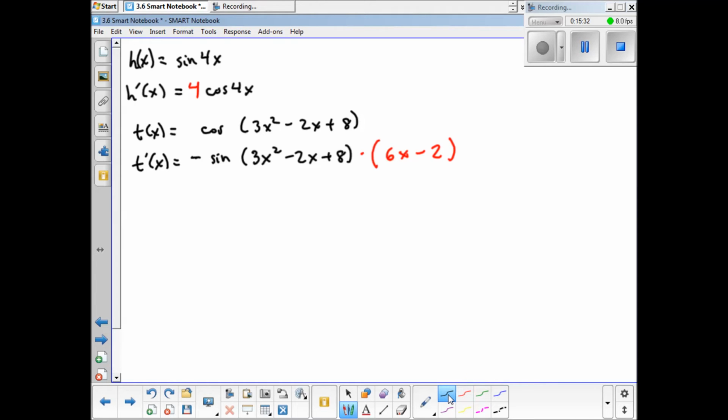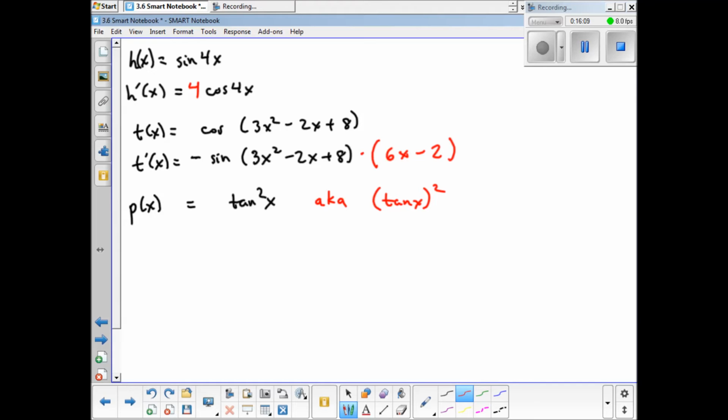Okay? Let's step it up a notch. Let's say that your function is tangent squared x. So this is a little bit different looking. It might be helpful to write this as tangent of x quantity squared. So this reminds us of that problem we started with for the chain rule when we had something squared.